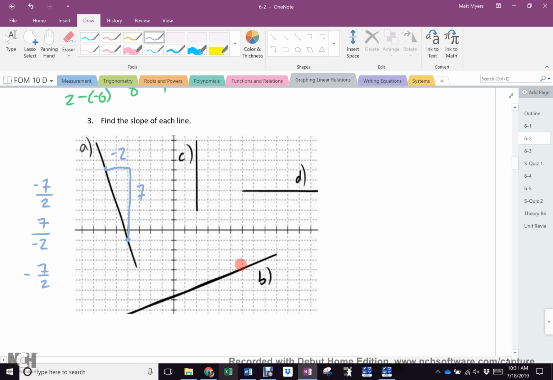Okay. All right, what's the slope in B? Where can I start? I'm going to start up here and go for a slide this time. And what's the slope? What's the slope?